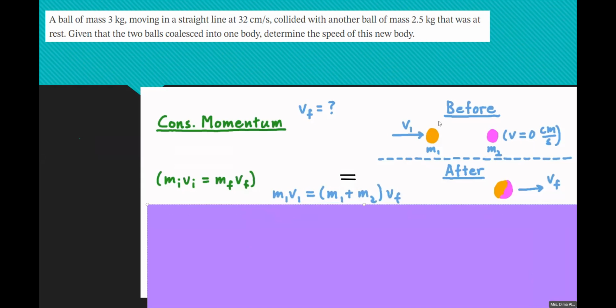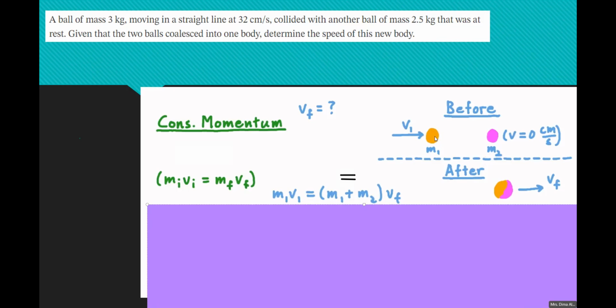Here we have the orange ball, and there's a red ball. The orange ball has a mass and it's moving with v, which is 32 centimeters per second. Then the second ball is at rest, so its velocity is 0 and its mass is 2.5.